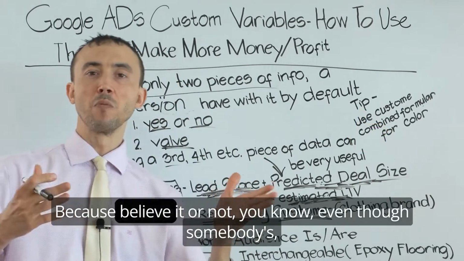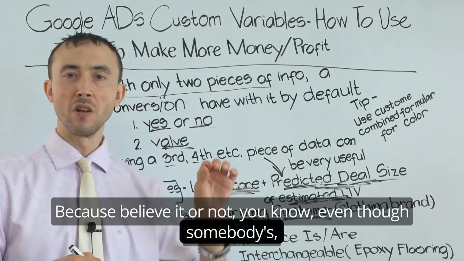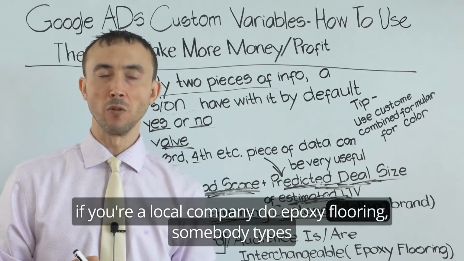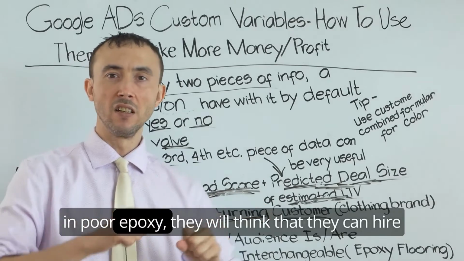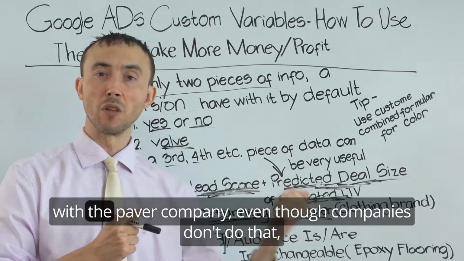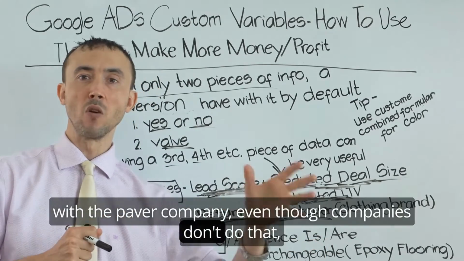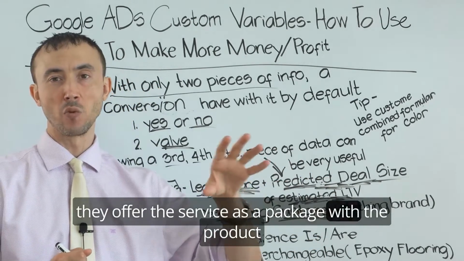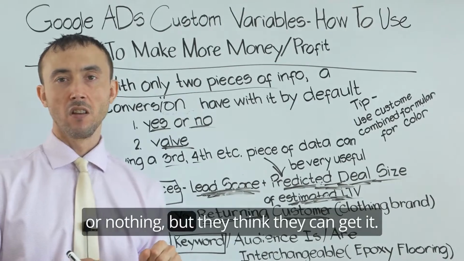Because believe it or not, even if you're a local company that does epoxy flooring, somebody types in floor epoxy, they will think they can hire a company to just bring them out floor epoxy, like with the paver company, even though companies don't do that. They offer the service as a package with the product or nothing, but people think they can get it.